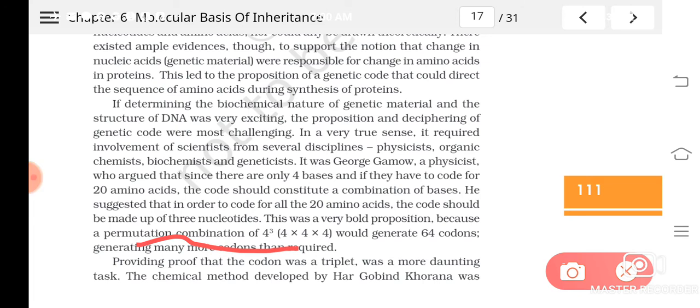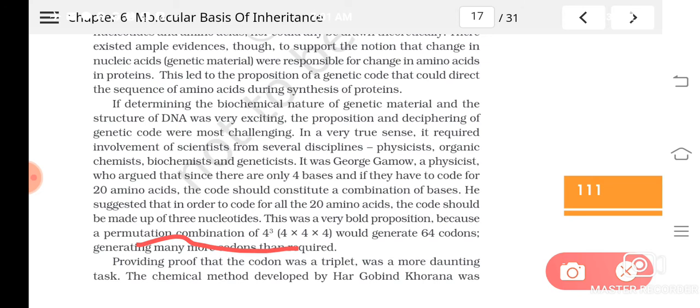Understood? So what does genetic code mean? It is the nucleotide sequences in the mRNA that code for a particular amino acid. Genetic code means the sequence of codons. And a codon contains how many letters? 3 letters, or 3 nucleotides, like ATC or GCT.